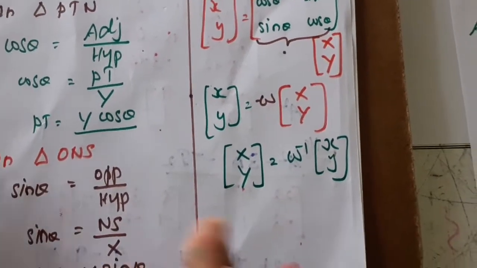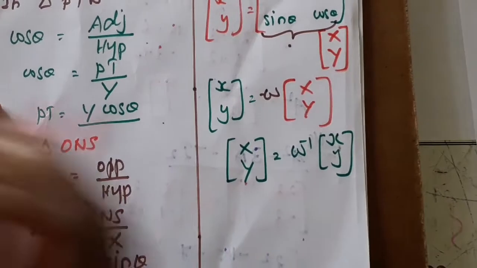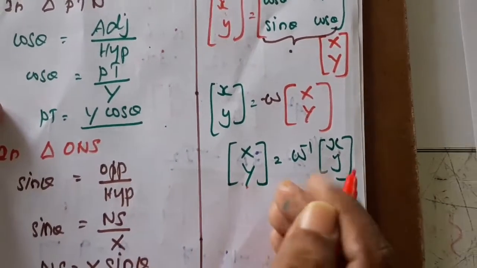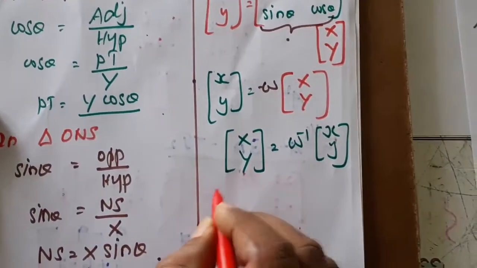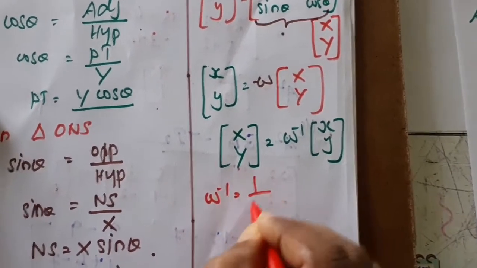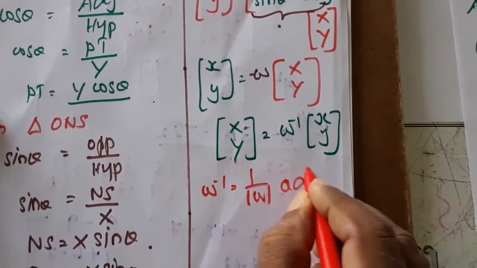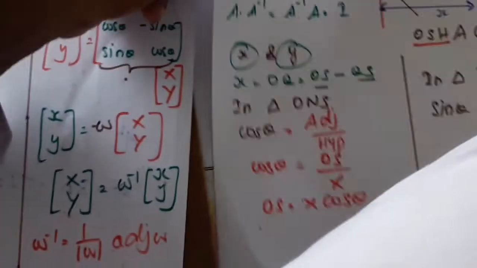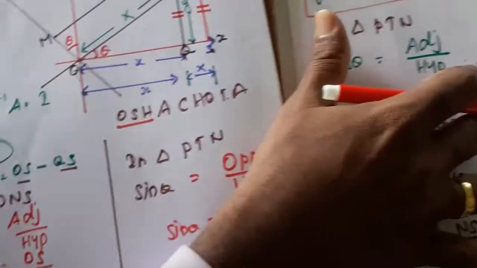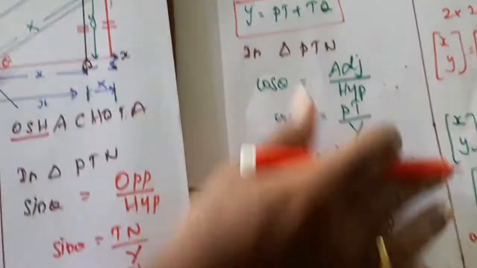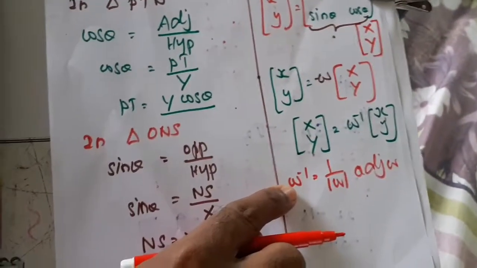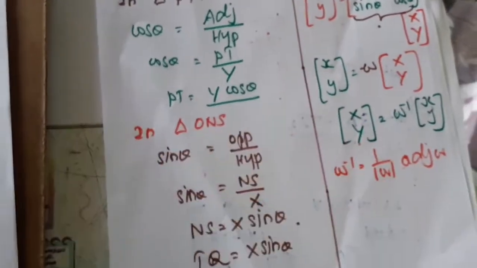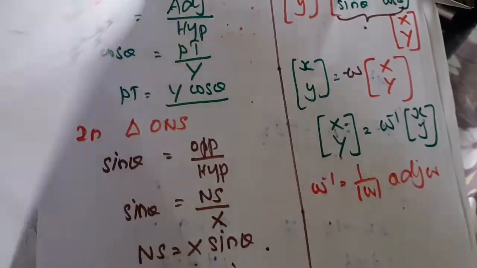Already we know this from the first chapter, the previous concept. How to find the inverse of the function? What is the meaning of W inverse? W inverse is equal to 1 by determinant of W into adjoint of W. Just we need to find the inverse first. So 1 by determinant W, what is the meaning?